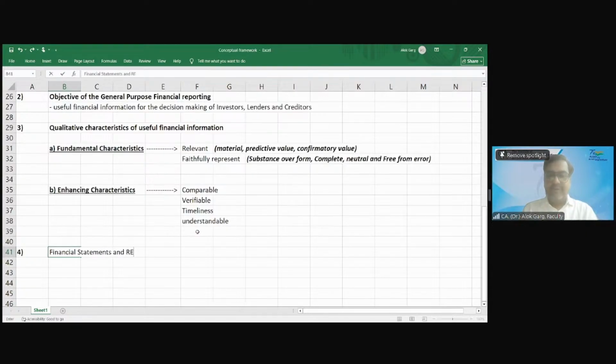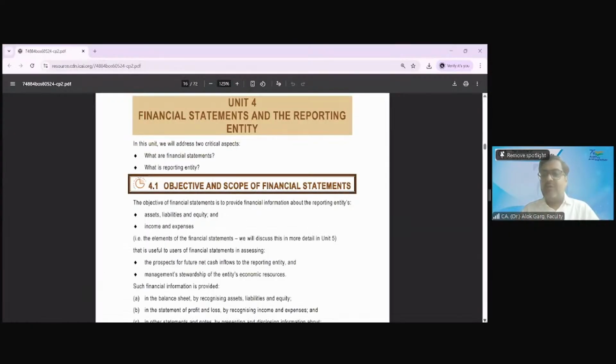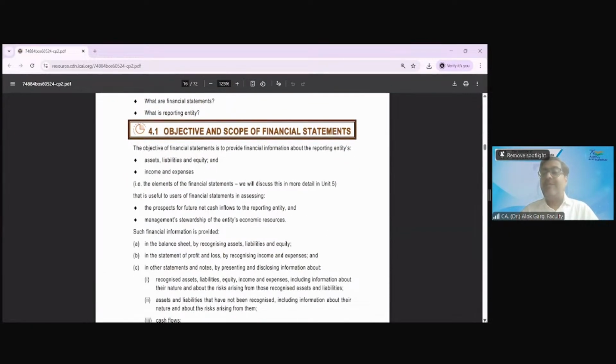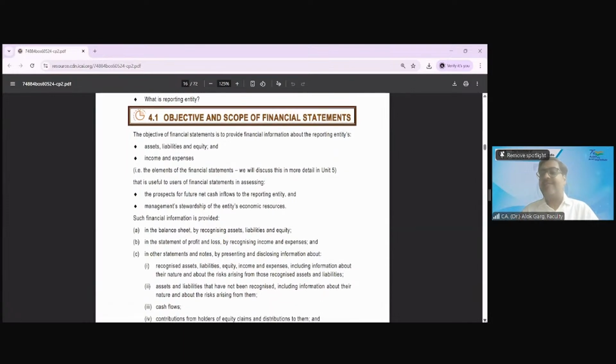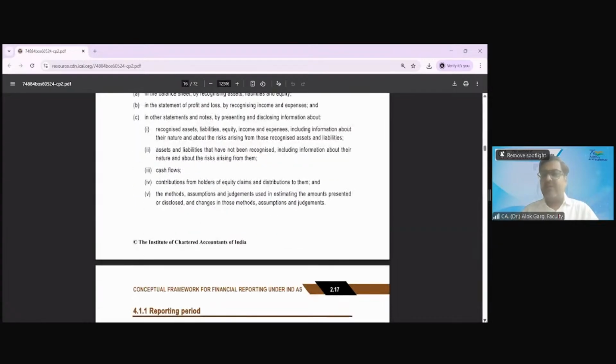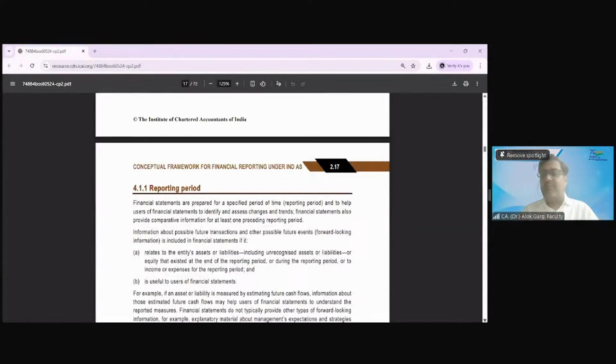We discussed financial statements also. What is the objective of the financial statement? It is to provide financial information about the elements of the financial statement: asset, liability, equity, income, and expenses. So the financial statement part we have already covered.